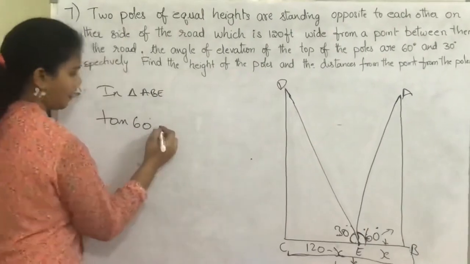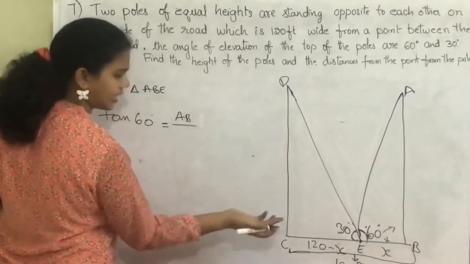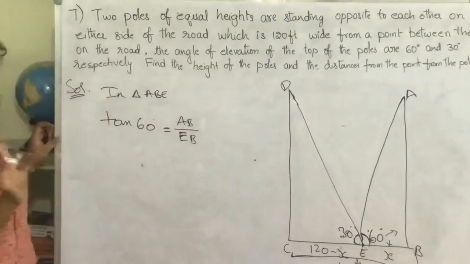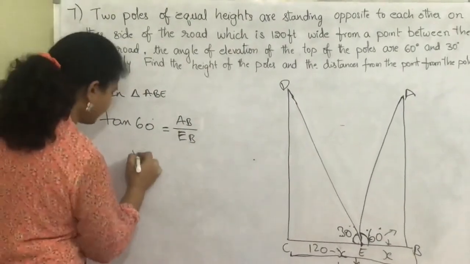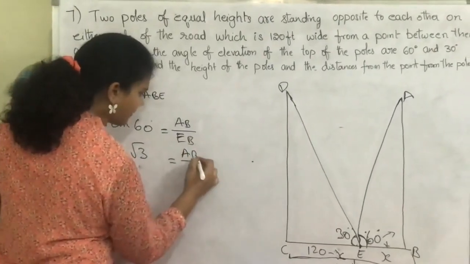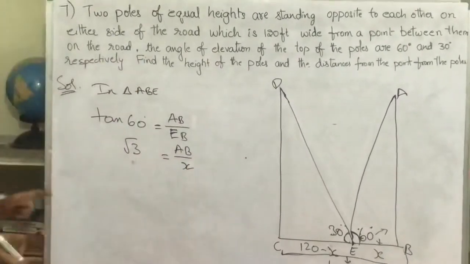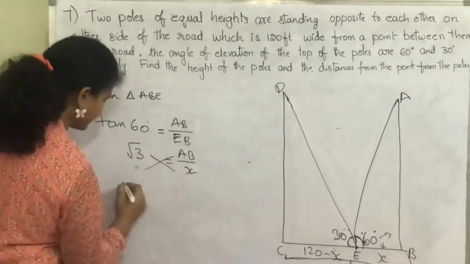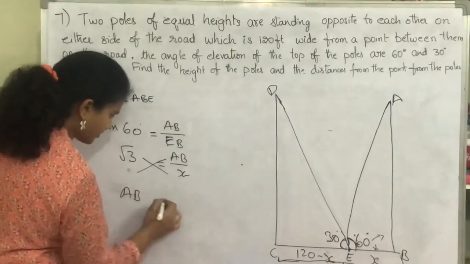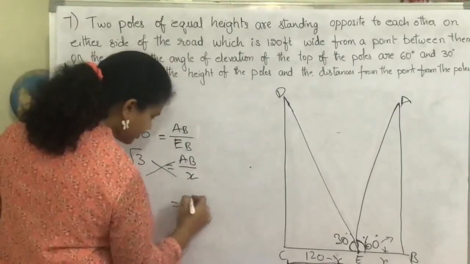Opposite to the angle E you have AB, and adjacent to the angle E you have EB. So tan 60 degrees, which is root 3, equals AB by EB, where EB is x. By cross multiplication, AB equals root 3 x.